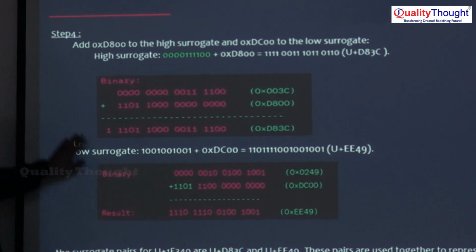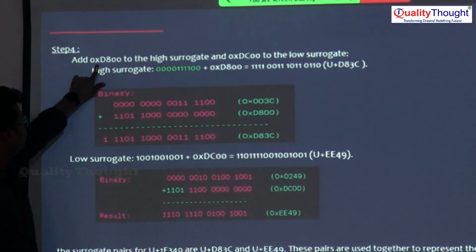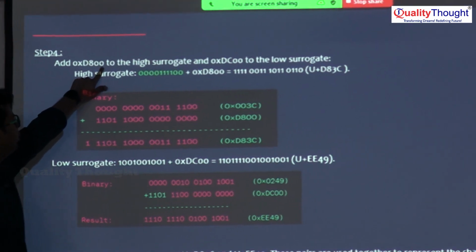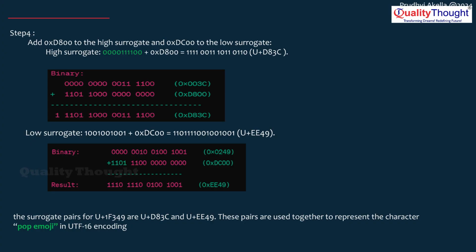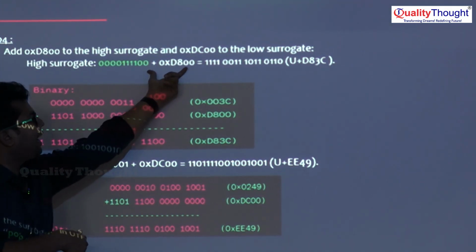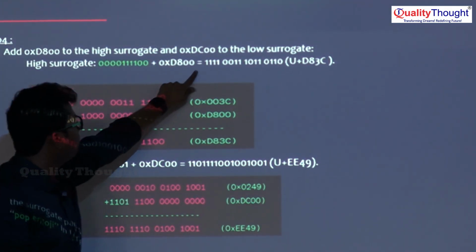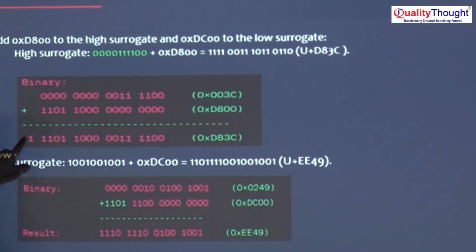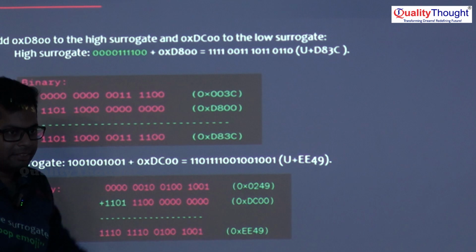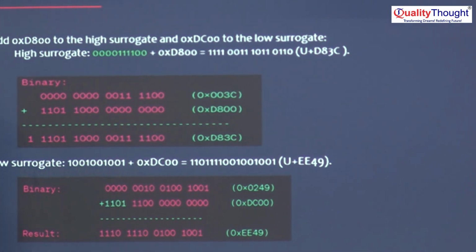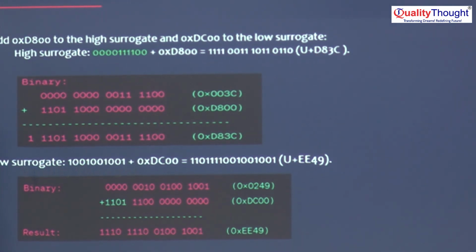So now step 4 is to add 0xD800 to the high surrogate. That means you take the first 10 bits from our previous step and just add this. So it will become D83C. That is the result you get.